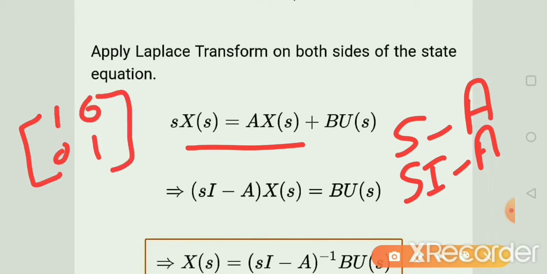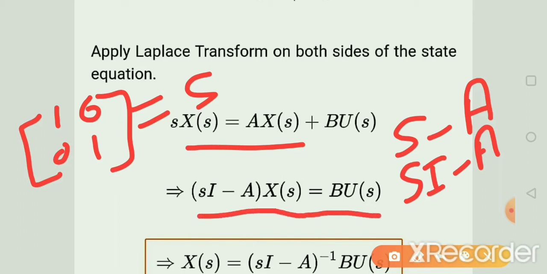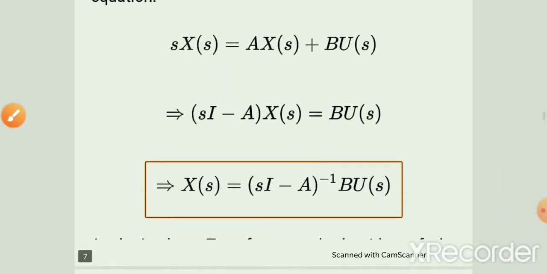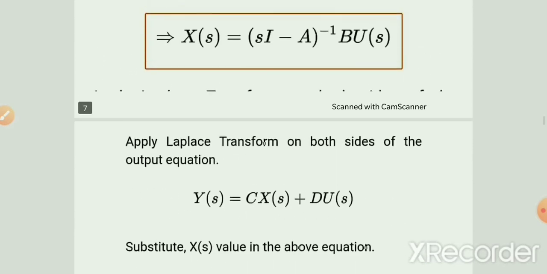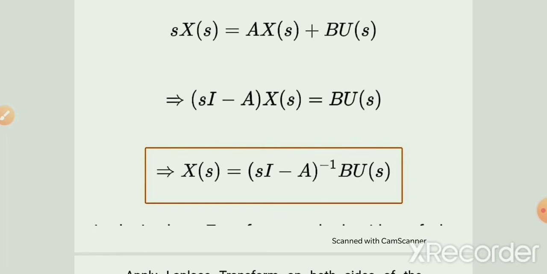Whenever we multiply any term by the identity matrix, it gives the same result, the same s, so there is no effect of the identity matrix. Now we can write (sI minus A) X(s) equals B U(s). If we find the value of X(s), it is (sI minus A) inverse into B into U(s). So this is the Laplace transform of our input equation, and here we find X(s).